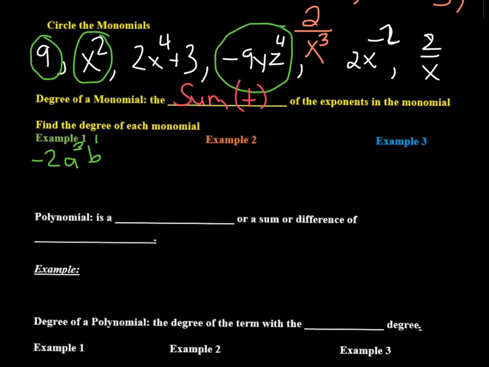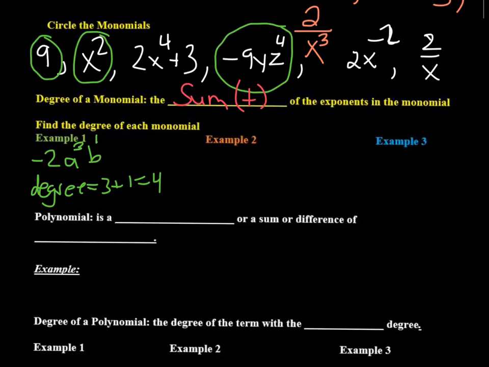So to find the degree of this monomial, all you do is 3 plus 1 equals 4. So the degree of negative 2a to the 3rd power, b to the 1st power is 4. The degree of this monomial is 4.